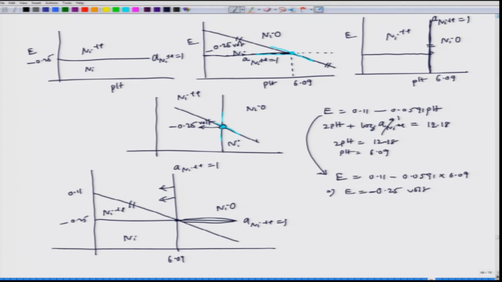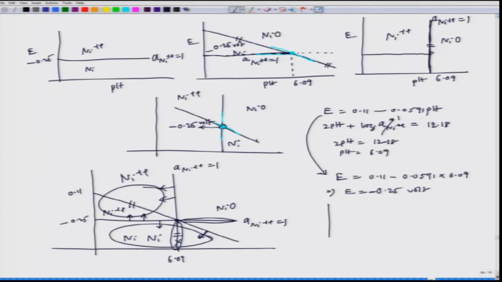Then, on top of this, we should have Ni plus plus. So, this entire zone should be Ni plus plus. And what about this line? Now, we know below this line it is Ni, left of this particular line is Ni. So, this entire zone should be Ni. So, this portion should not exist.